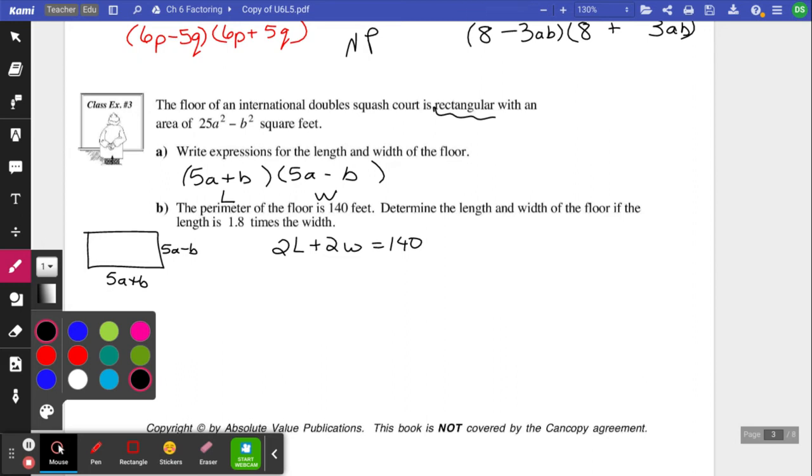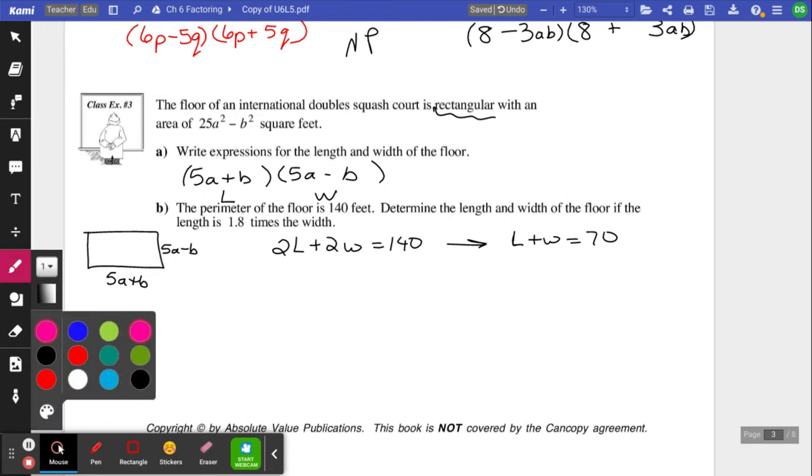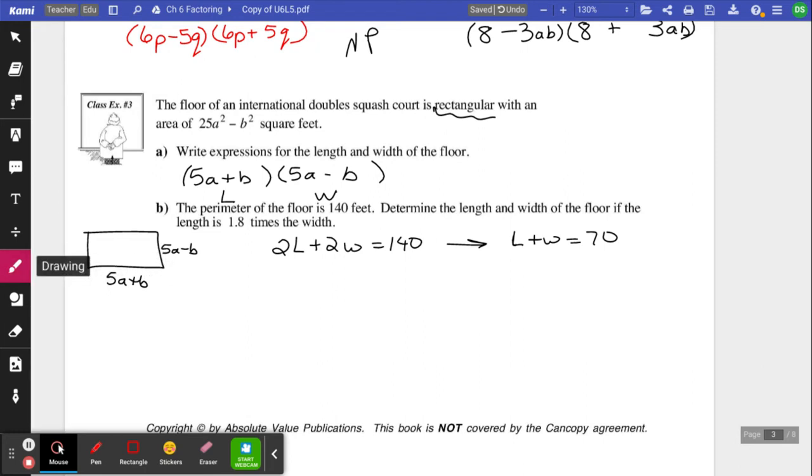If that's true, then wouldn't it be true that 1 length and 1 width would be 70? I think that would be easier. Do you understand what he's talking about? Going all the way around is 140.